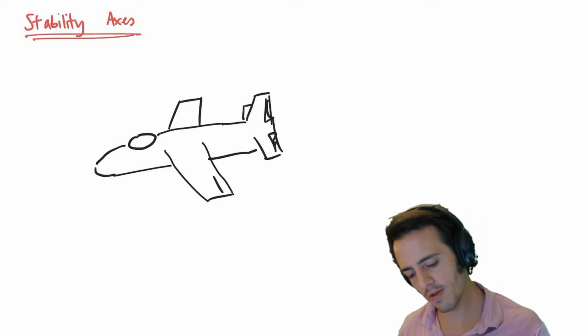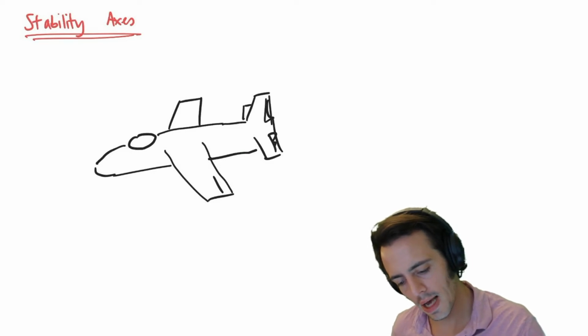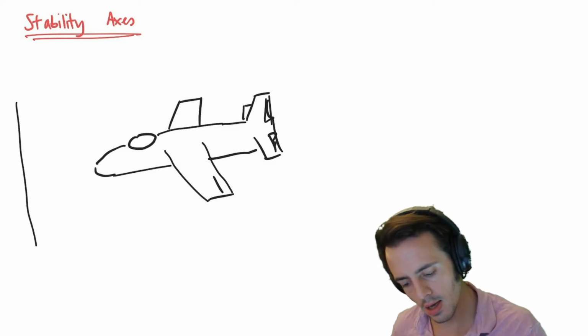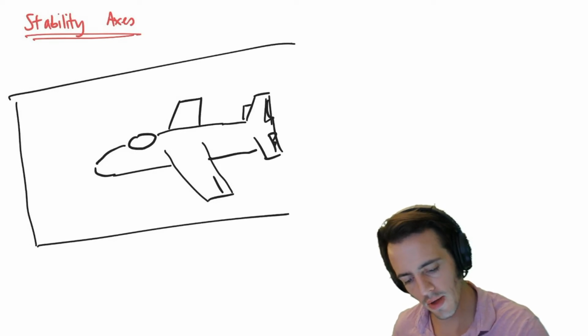Okay, so our aircraft is flying along. Our stability plane is the plane that cuts the aircraft down its center.